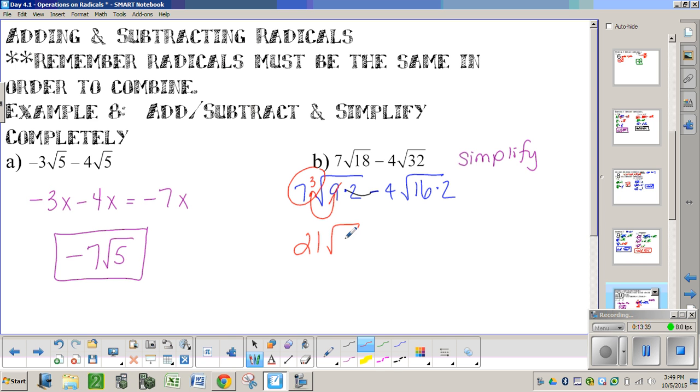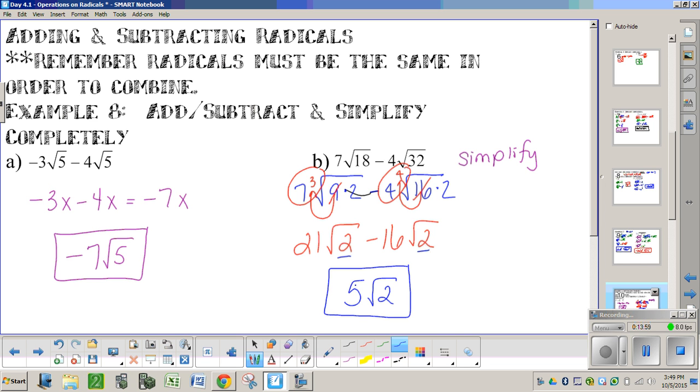So that's 21 radical 2. This comes out and that's a 4. Remember, multiply. So minus 16 radical 2. All right, now if you'll notice, they're both the same. Since they're both the same, now I can subtract them. So if I go ahead and subtract them, I'm going to end up with 5 radical 2 for my final answer.